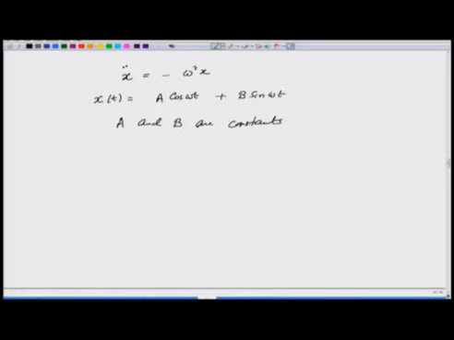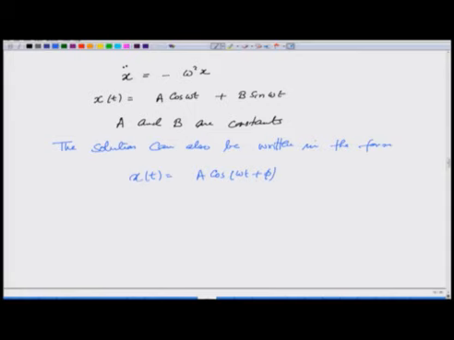What we want to show now is that the solution can also be written in the form x(t) equals a cosine of omega t plus phi, with some amplitude a. By the way, this a is not the same as the previous a, so this should not be confused.